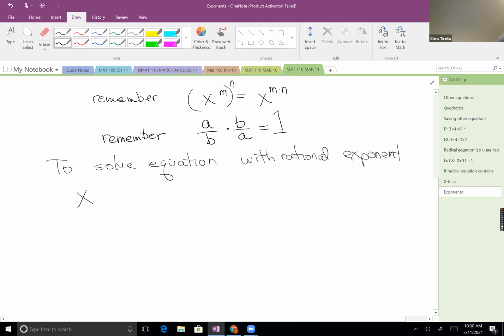Let's say I have x to the 3 halves plus 3 equals 30. First thing that I want to do is I want to isolate the term with a rational exponent.